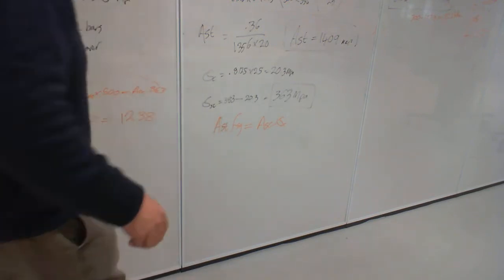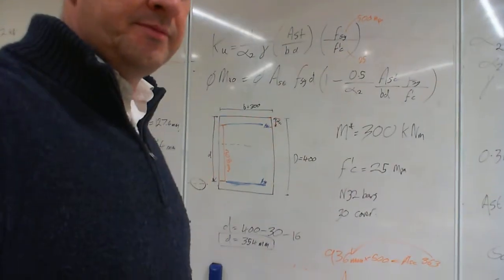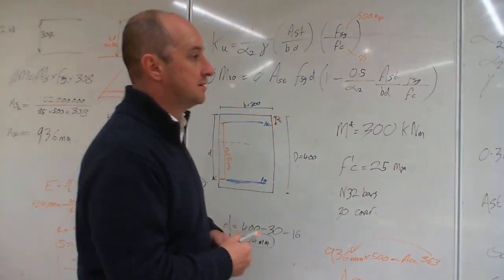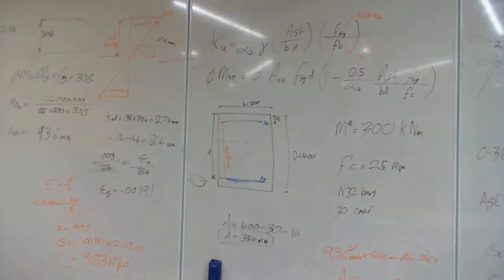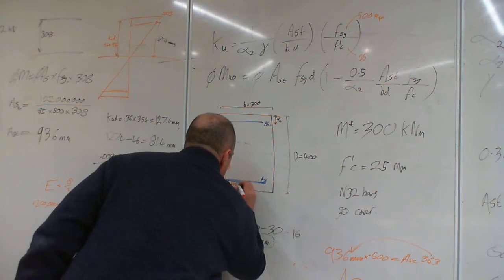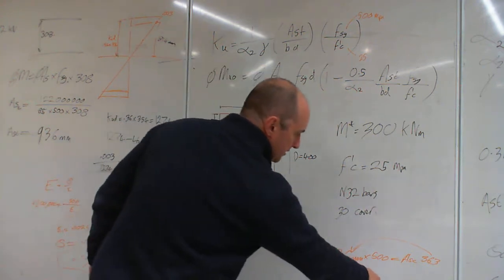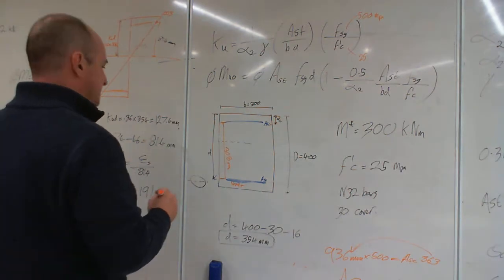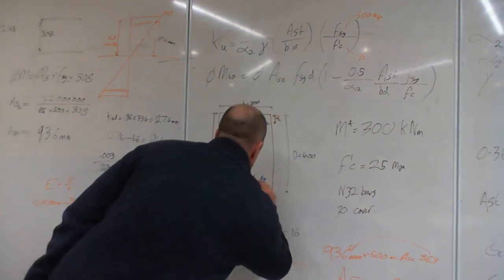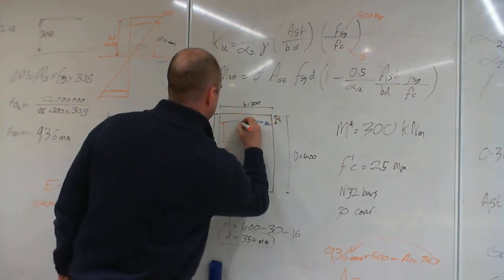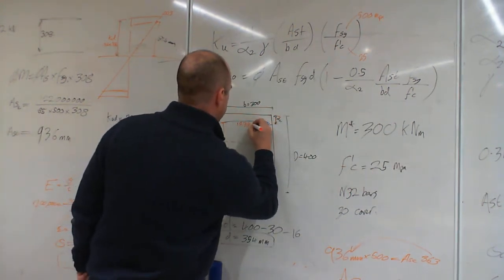Okay, so let's go back and revisit our beam. The area of steel in tension was 1,409 plus 936, and the area of steel in compression was 1,238 square millimeters.